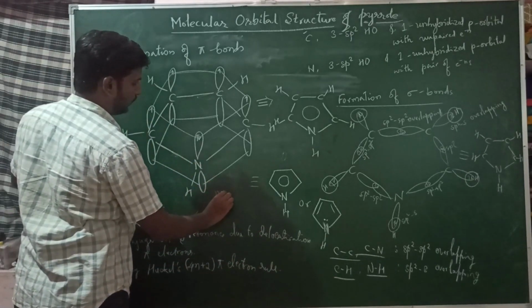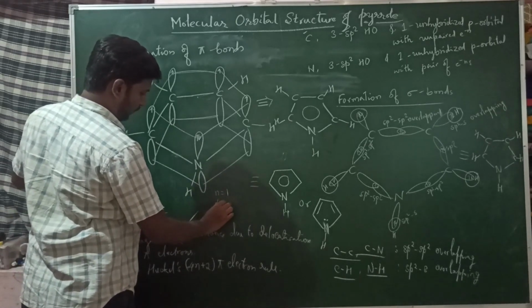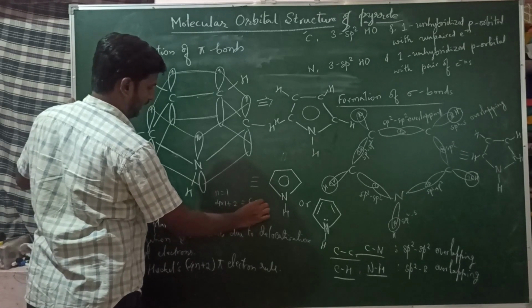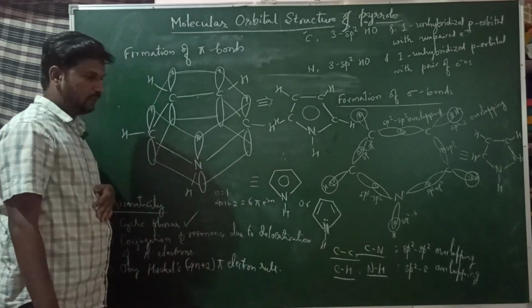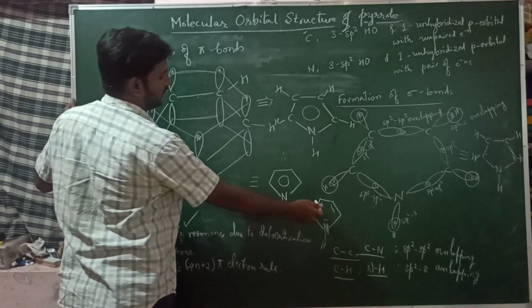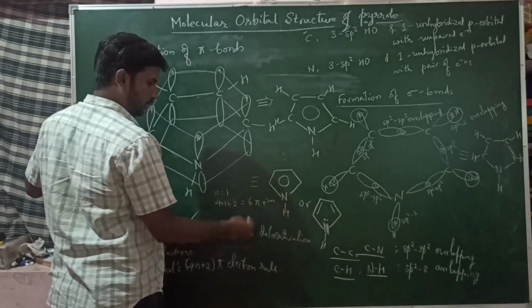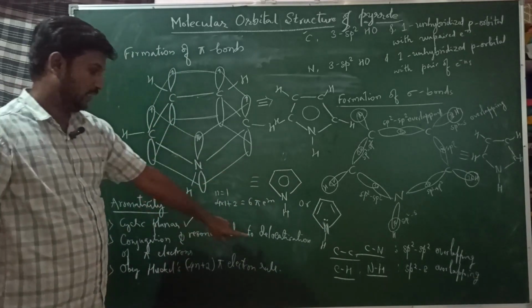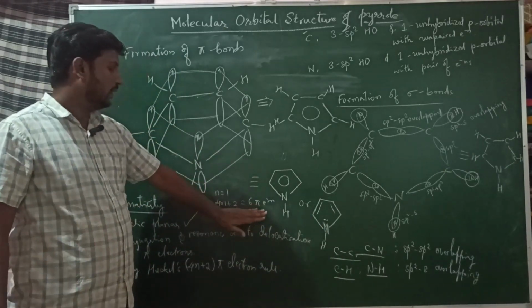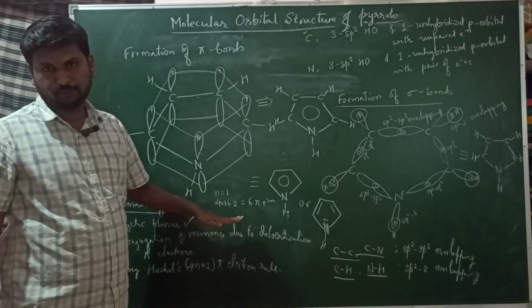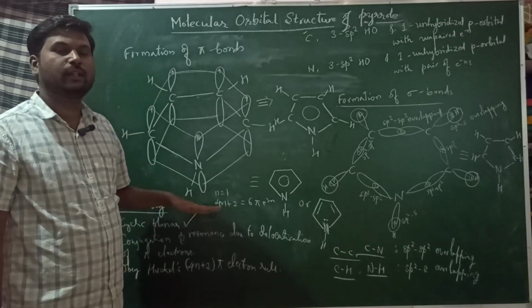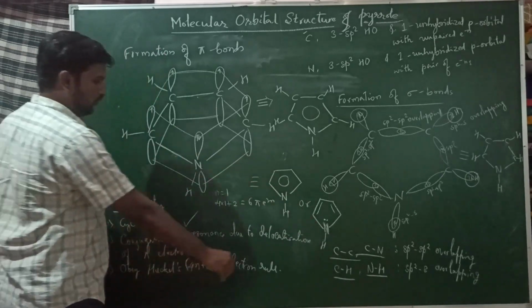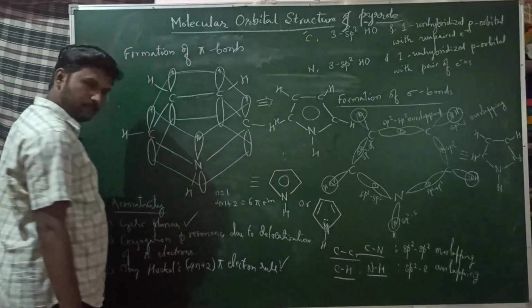So I'll write here n equals 1. 4 into 1 plus 2 equals 6 pi electrons. In the structure, these 2 pi bonds give 4 pi electrons, and this lone pair is also involved in delocalization, as I just said. So totally 6 pi electrons are there in pyrrole. Hence it also fulfills the third criteria.